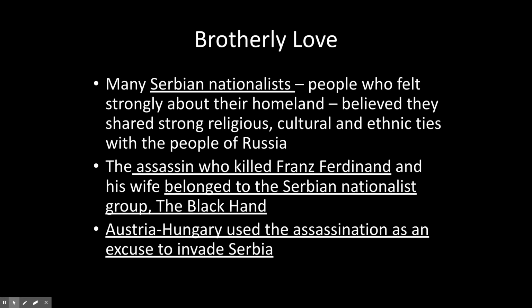They basically get lucky. This is covered in one of the videos, and this assassination attempt, which was successful, is used by Austria-Hungary to invade Serbia. Look, there's an attack. We were attacked. They killed our heir. We're going to get them, and to punish them, we're going to take over their country.